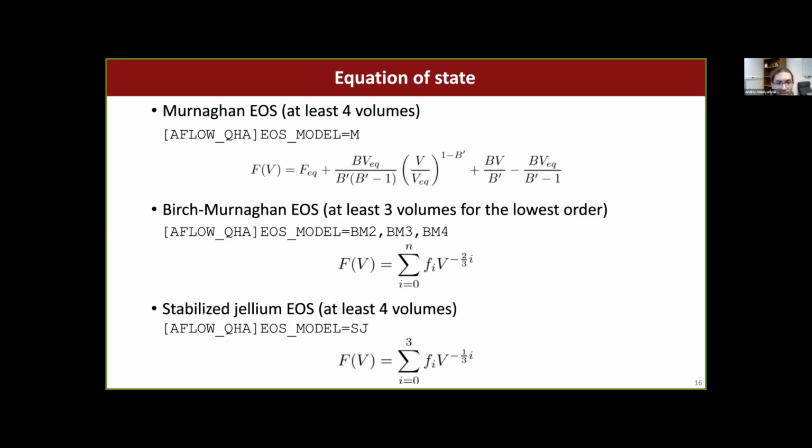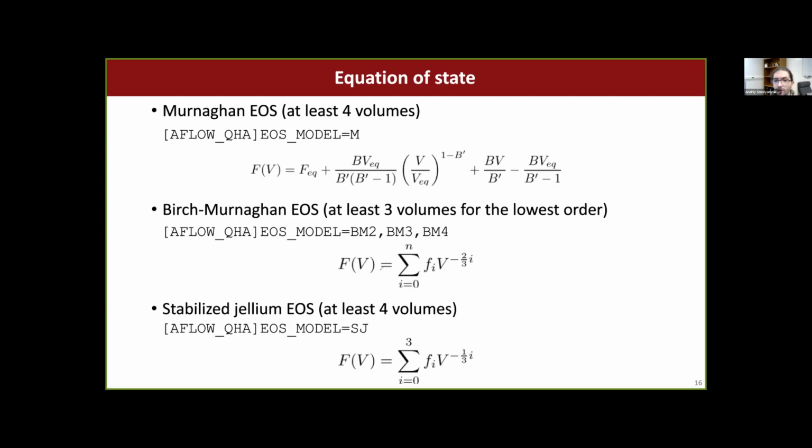The third one is the stabilized jellium model, which was actually derived for jellium, which is a homogeneous electron gas. You again need to have 4 volumes, and you specify it with the SJ keyword. It looks similar to Birch-Murnaghan, but now you have not only even, but also odd powers.